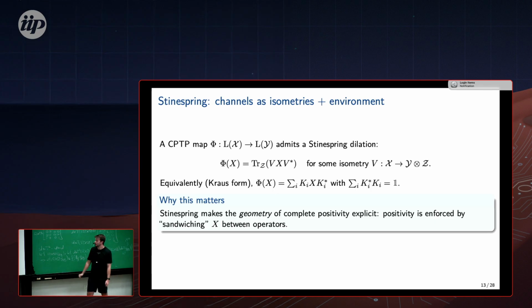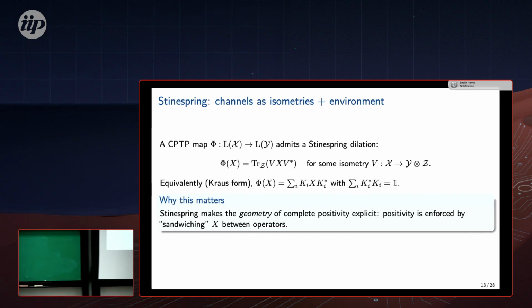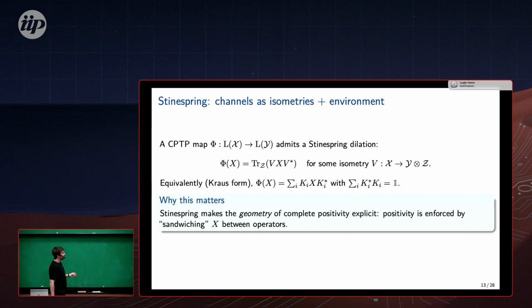This is actually equivalent to the Kraus form we had in the morning. Some people also call this the church of the larger Hilbert space.